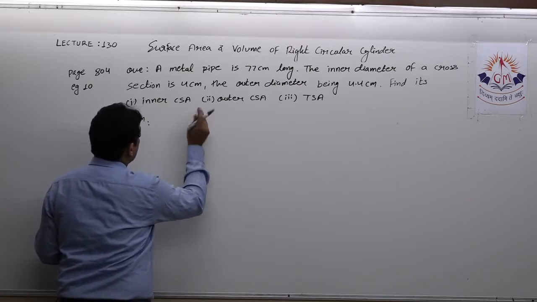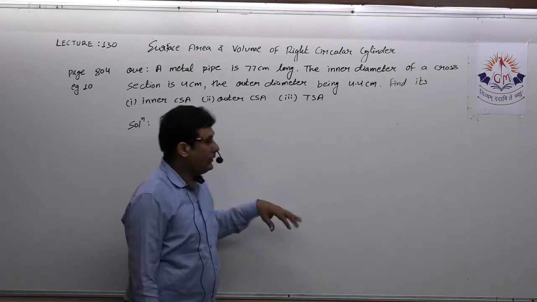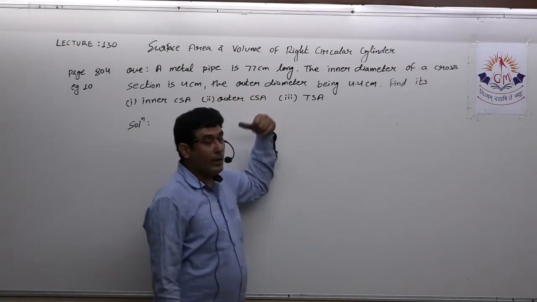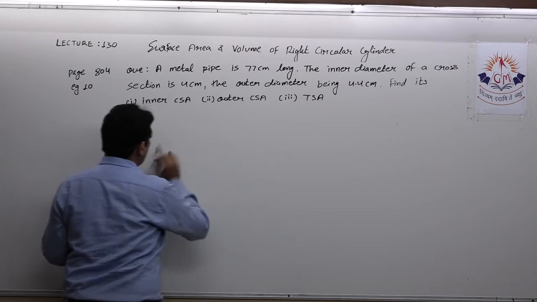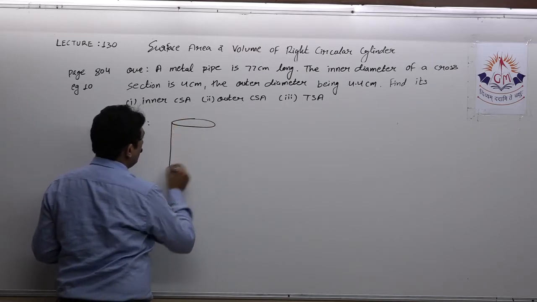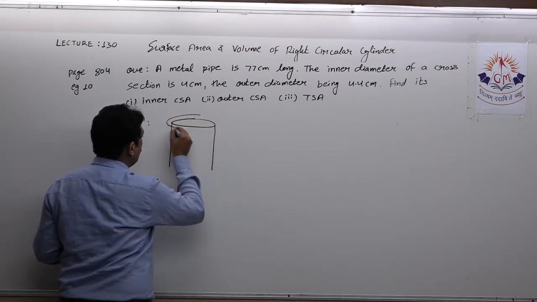See, they are talking about the metal pipe, that means we are talking about a hollow cylinder. It is also clear from this line that inner and outer diameters are given, that means it is hollow as well as it has some thickness. So this is the diagram for a hollow cylinder.